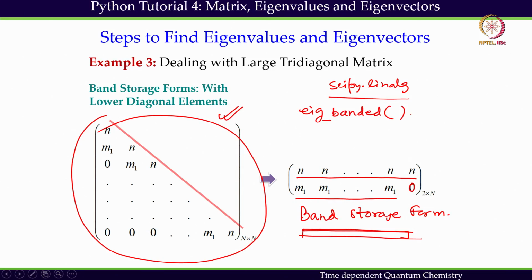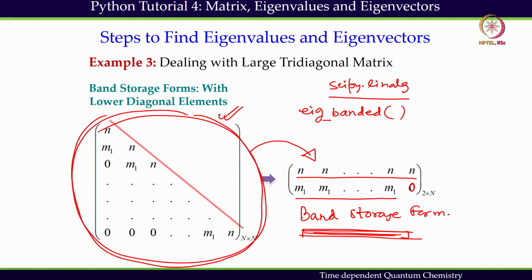The bottom line of the entire discussion is that if I have a very large Hermitian tridiagonal matrix, the first thing I should do to reduce the memory consumption and make the computation faster is convert this large matrix to one of the band storage forms, either with the help of upper diagonal elements or lower diagonal elements.